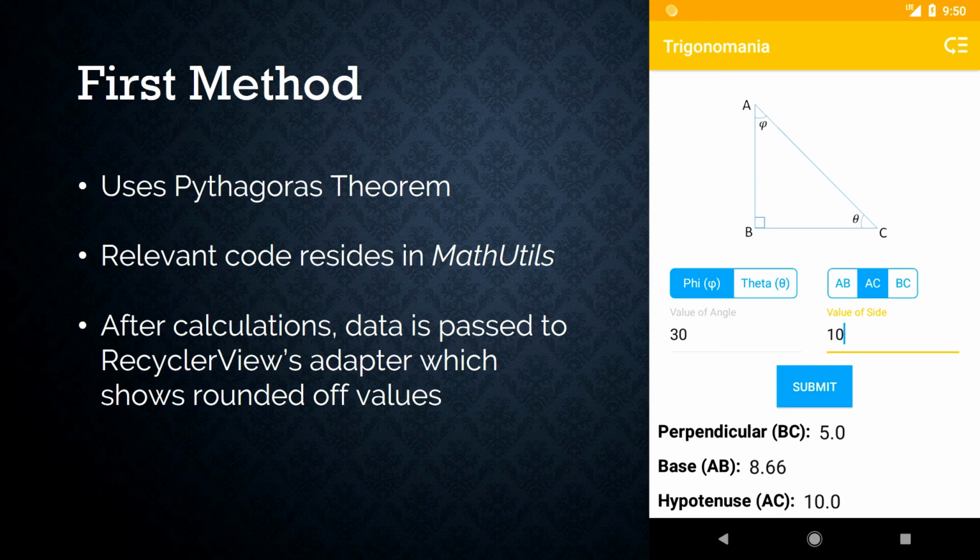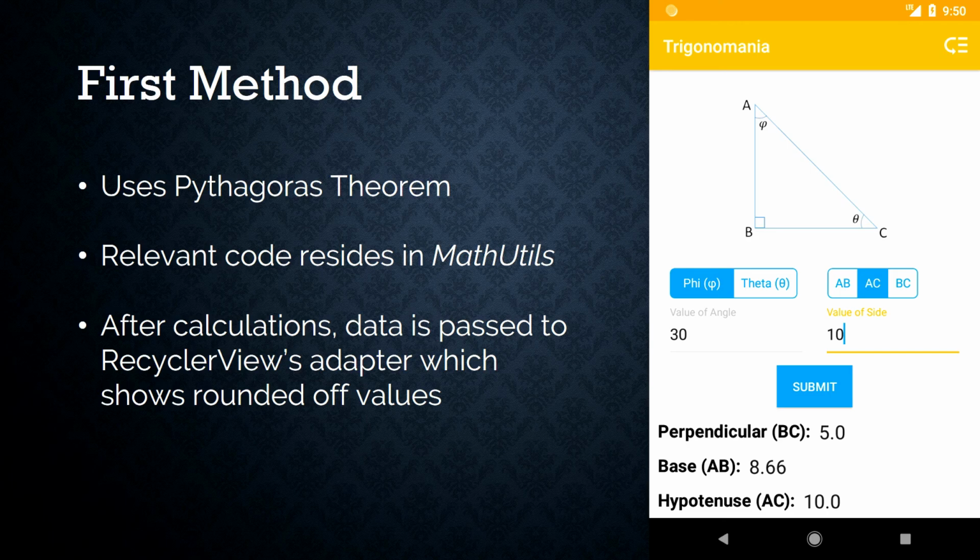So what does the first method do internally? One side is input and an angle is input. It uses trigonometry to determine the second side using the given angle, and then it uses the Pythagoras theorem, which is very famous and simple to understand.